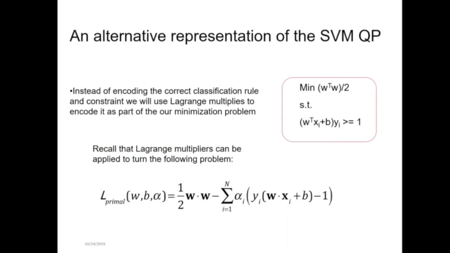However, the SVM uses something called the dual representation of that quadratic programming. Instead of encoding the classification rules directly, we're going to use something called a Lagrangian multiplier to encode those correct classification constraints as part of the optimization formulation.